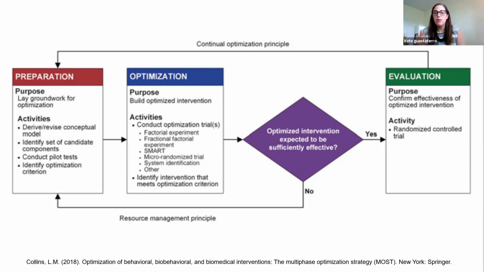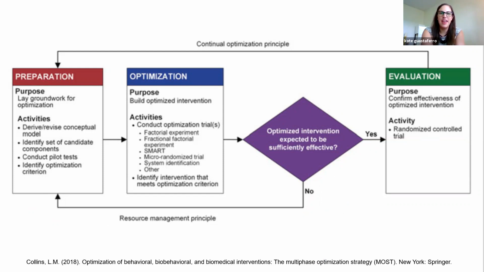However, in the event we decide at this point that our optimized intervention is not expected to be sufficiently effective, according to the resource management principle, we would not go to the RCT. Instead, we would return back to the preparation phase.